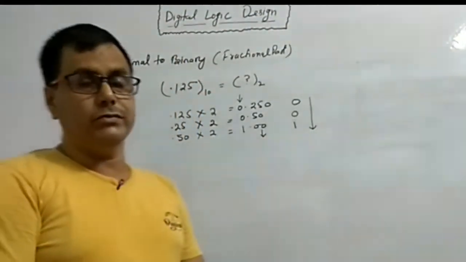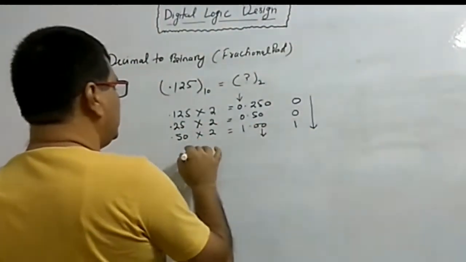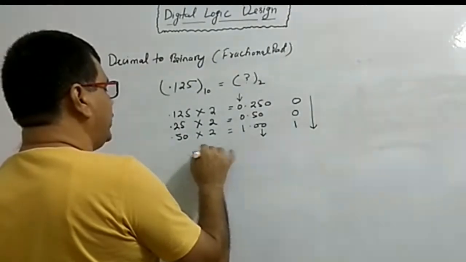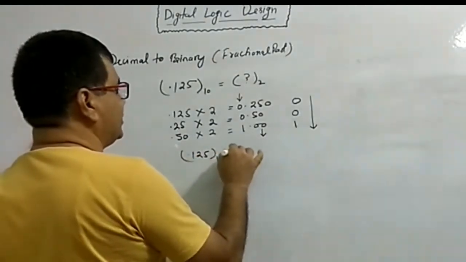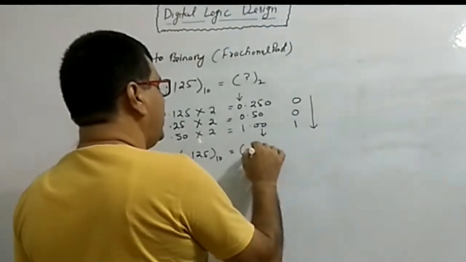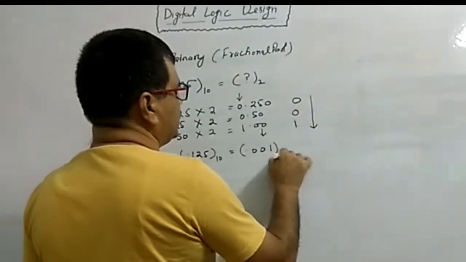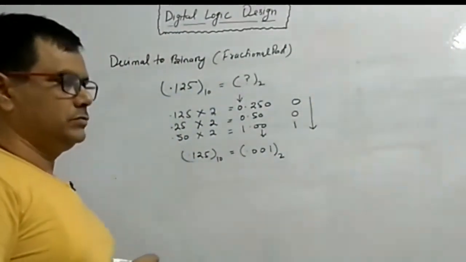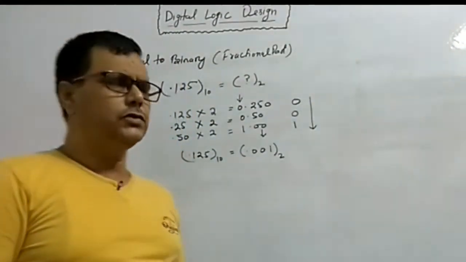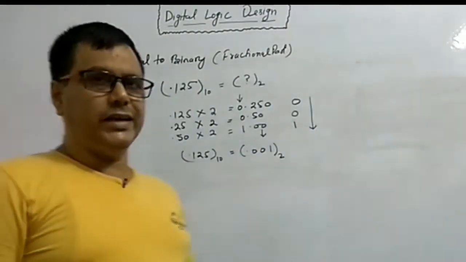So we can write here that 0.125 in the decimal number system is equal to 0.001 in the binary number system. Very simple method.